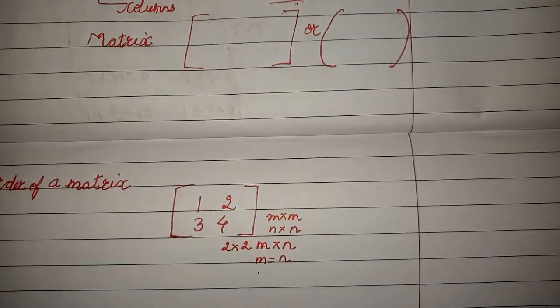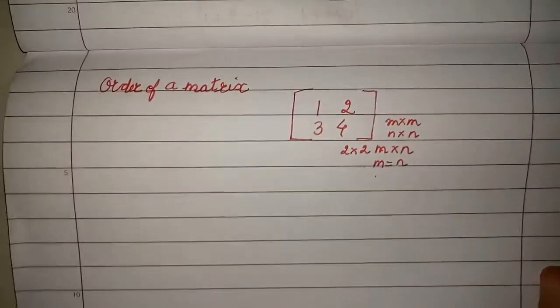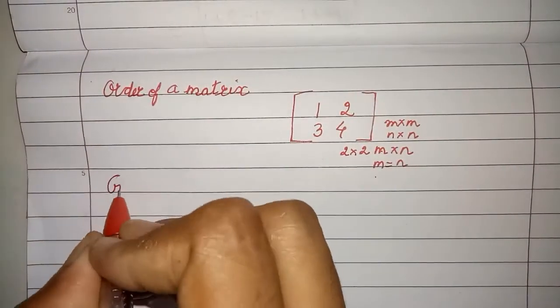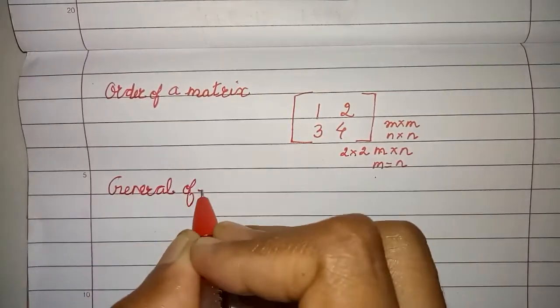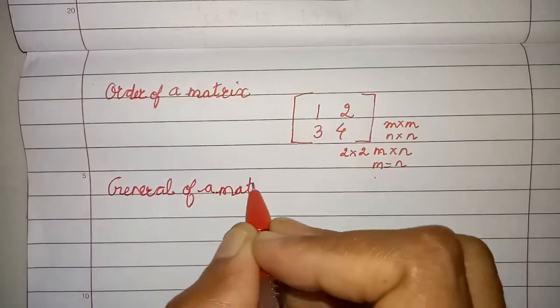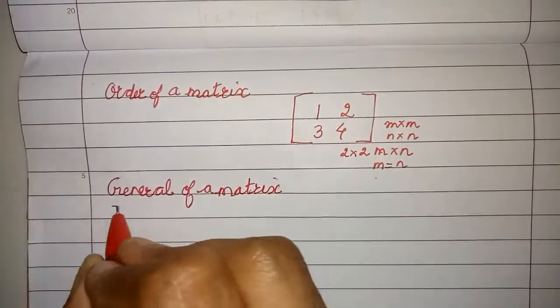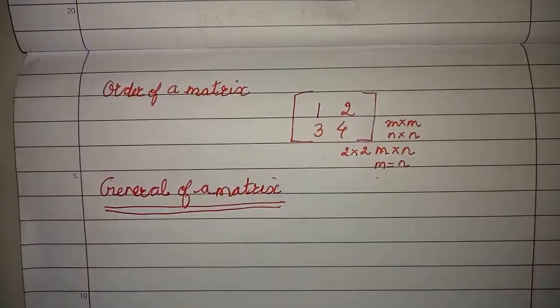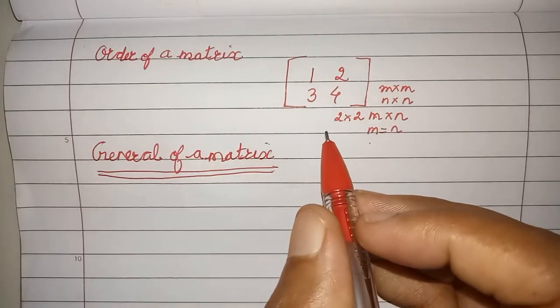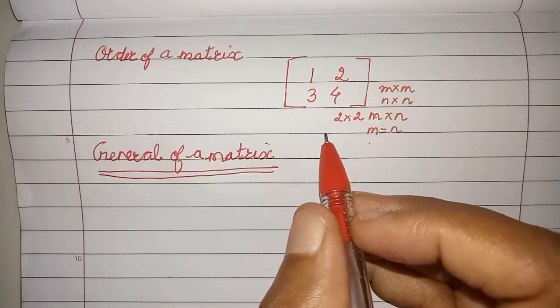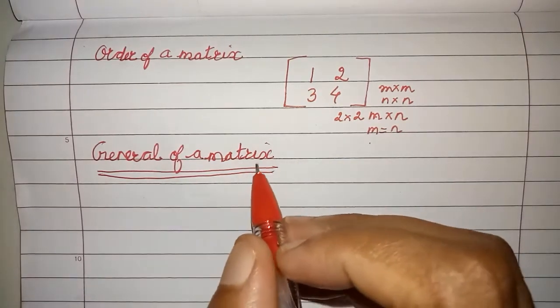Is that clear? Now in the problems, children, when the values are unknown, you don't know the values of the matrix, then we have a general representation of a matrix. In order to avoid a long lengthy representation of a matrix, when the entries are unknown, we are going to write the general representation of the elements of a matrix.